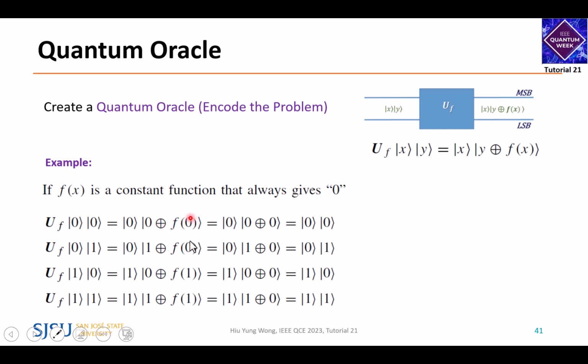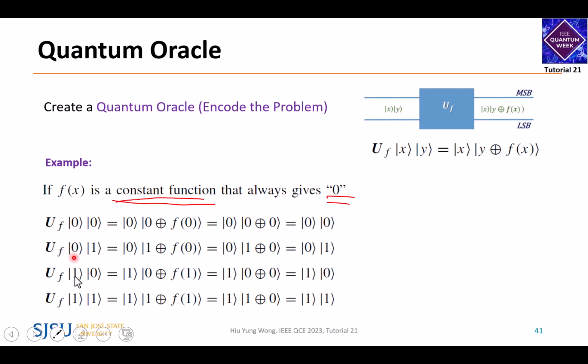So f of 0, the function, is encoded there. Now, if I have a constant function, here I assume that my function is constant and always gives 0. Then, of course, f of 0 is 0, right? f of 0 is 0. So 0 exclusive or 0 is 0, 0.